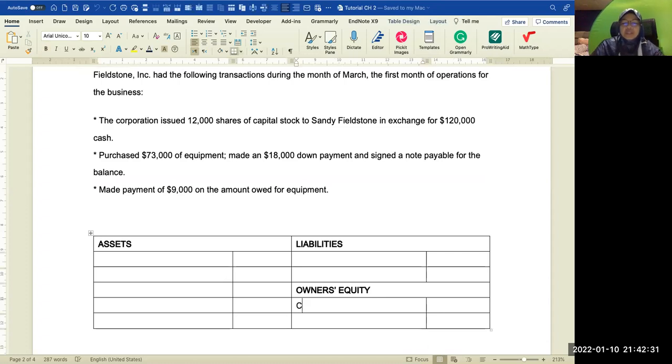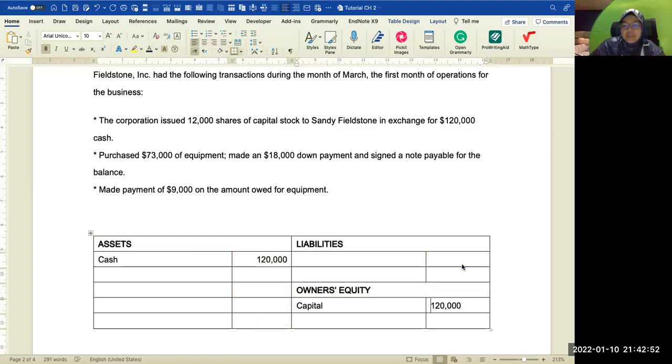So I will put here capital stock 120,000, and then cash 120,000. Very good. That's how you record the transaction, or the economic event.